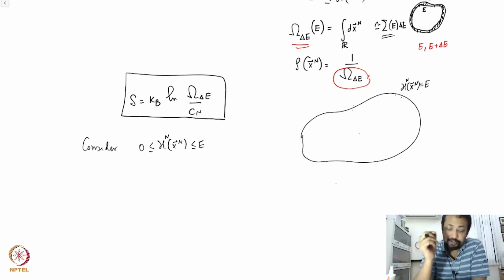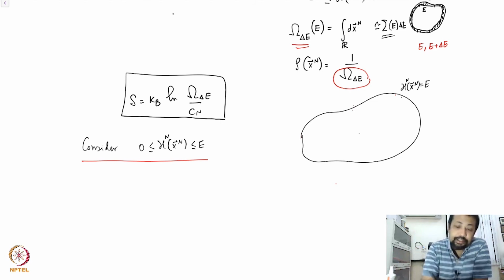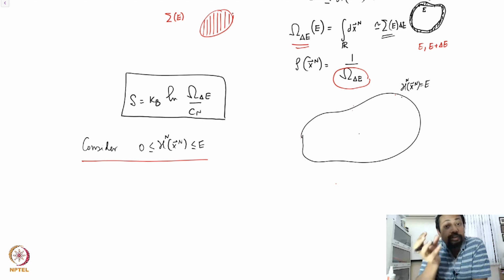Before we go ahead with this argument of how we can replace this, what we want to say about 2 points is that this sigma E that we originally started off with, essentially represents the surface area defined by the isolating integral, and is also a measure of the total number of microstates of the system, right?